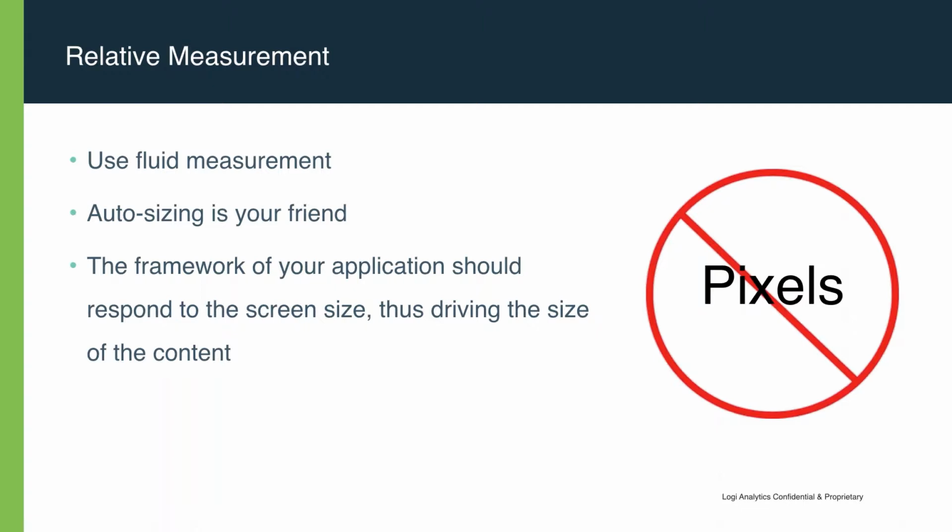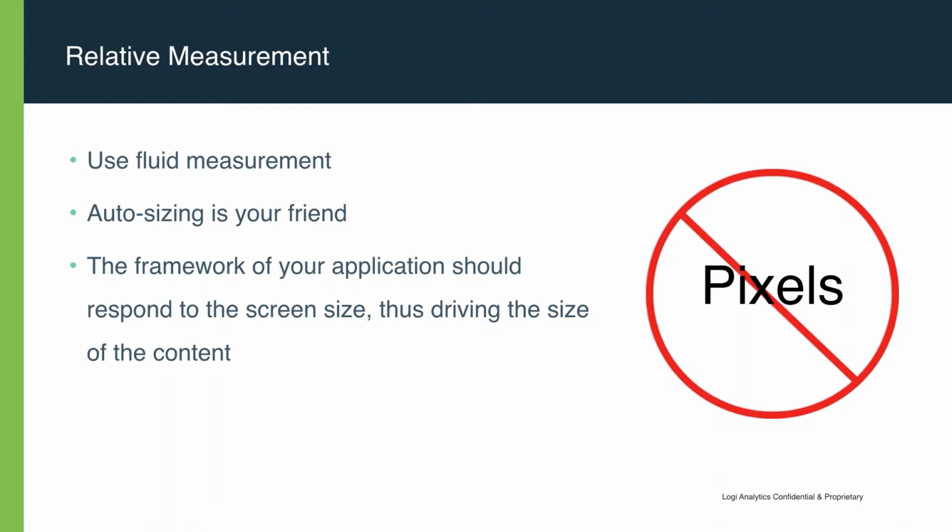So use fluid measurement whenever possible. Percentages are great. Remember that auto sizing is your friend. So let the content span out or increase to the size of the width of the parent container that it's in. All right, so if we do this right, the framework of the application should respond to the size of the screen, thus driving the size of the content.